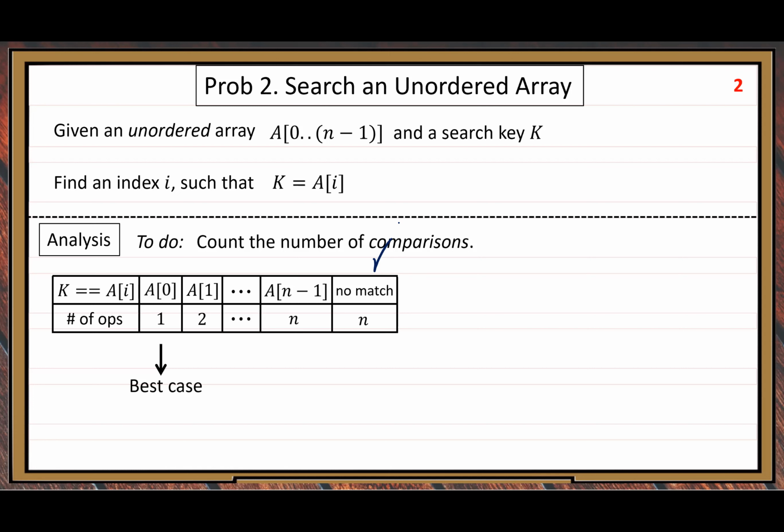That is one of the possibilities for the solution. So that's the best case, one. And the worst case, the maximum number of comparisons you need to solve this problem, last two cases, not just one, last two cases, they need n comparisons. So that's the worst case.